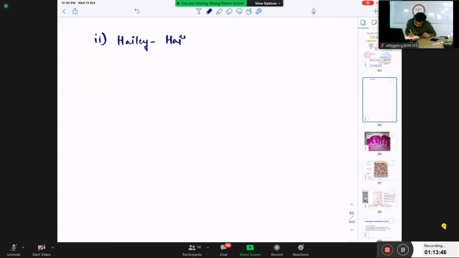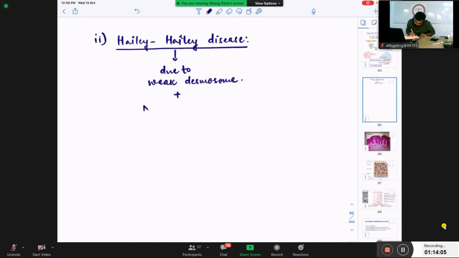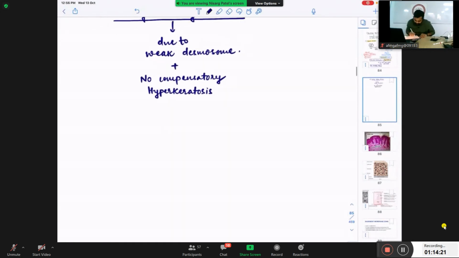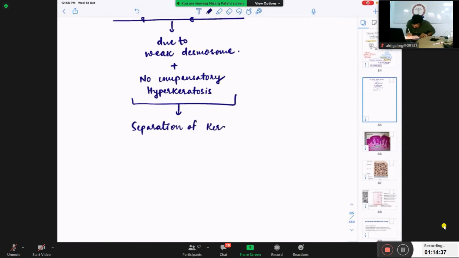In Hailey-Hailey disease, due to weak desmosome plus no compensatory phenomena, no compensatory hyperkeratosis, this will lead to separation of keratinocytes.